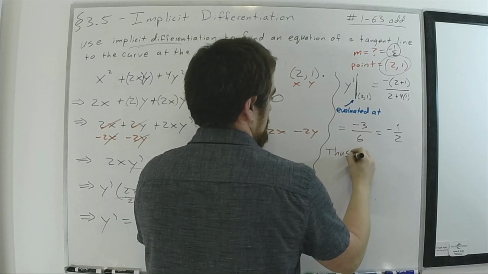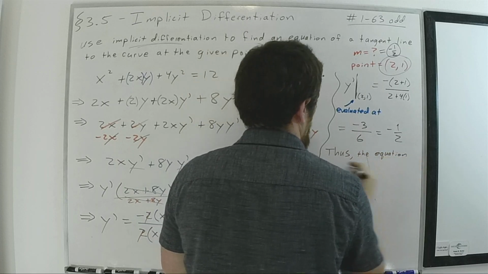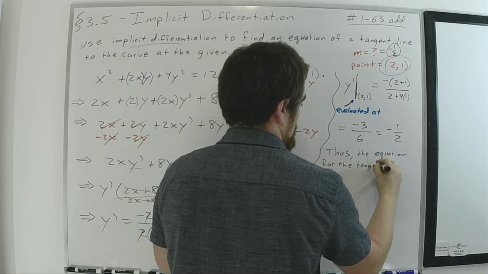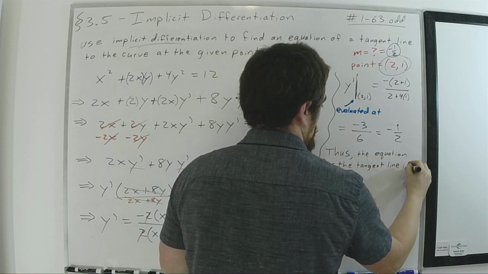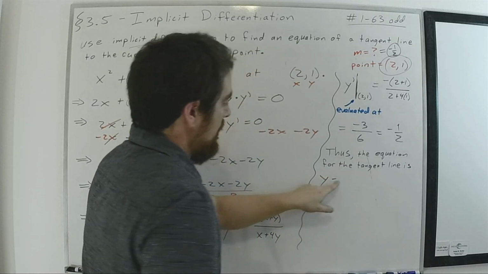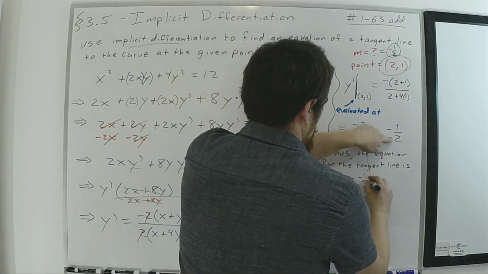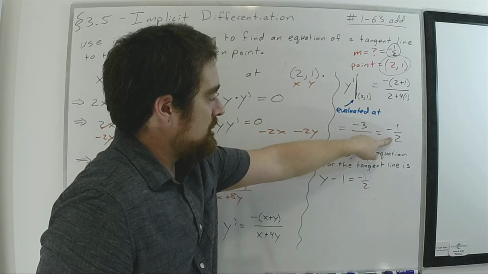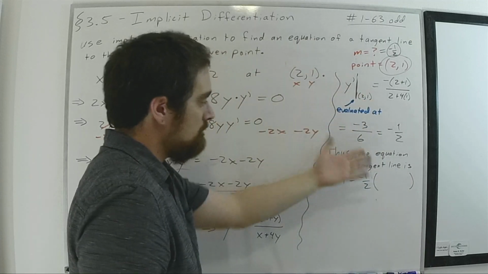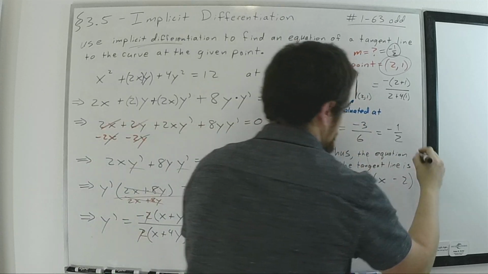Thus, the equation for the tangent line is, and again, I'm just going to go back to that point slope form. Y minus, there's y1, is equal to m. We want the slope for our tangent line to match the rate of change, which is our derivative, evaluated at 2, 1. So we've got negative 1/2 times x minus, there's x1, which is 2.